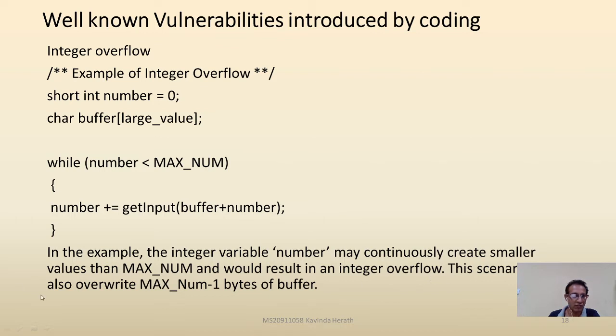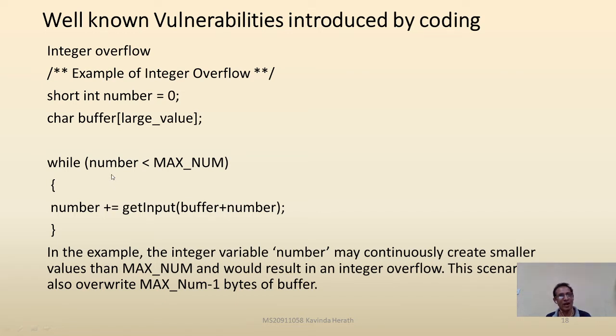This scenario will also overwrite a maximum of 1 byte of buffer, so that buffer overflows in this scenario. That means if your count integer overflows in this short coding program.